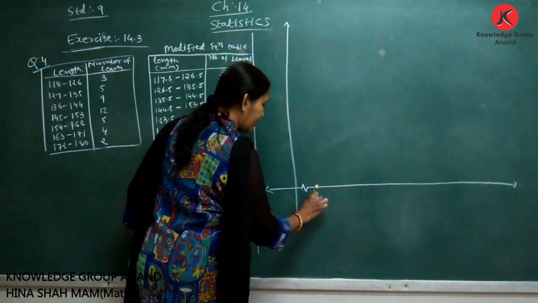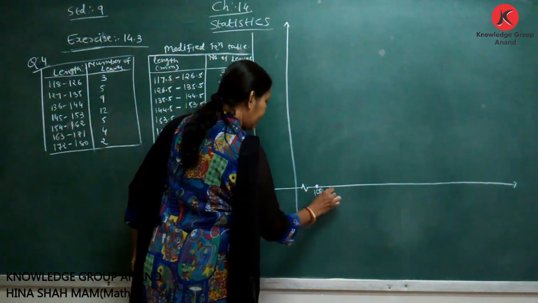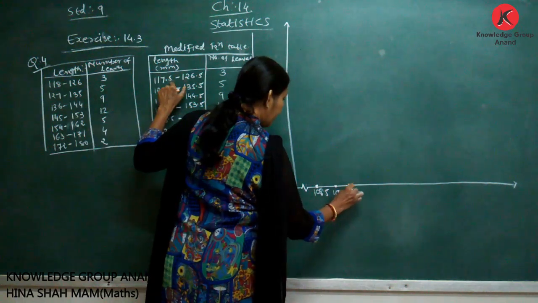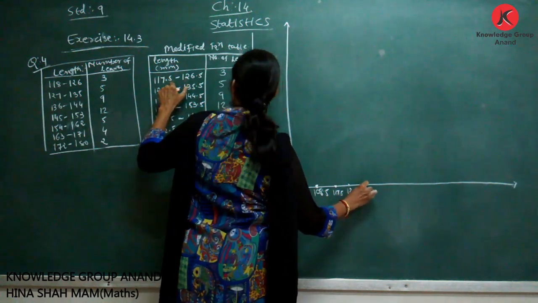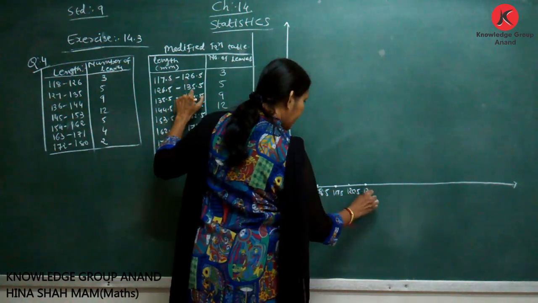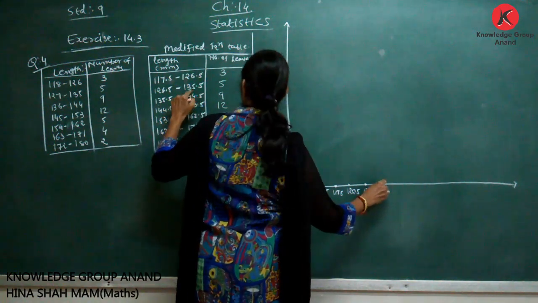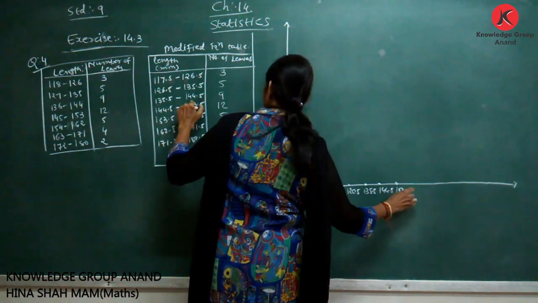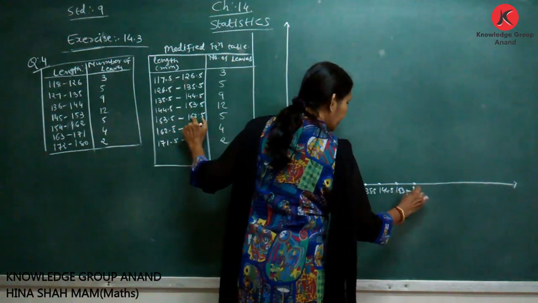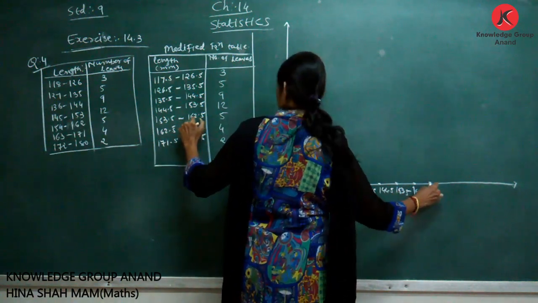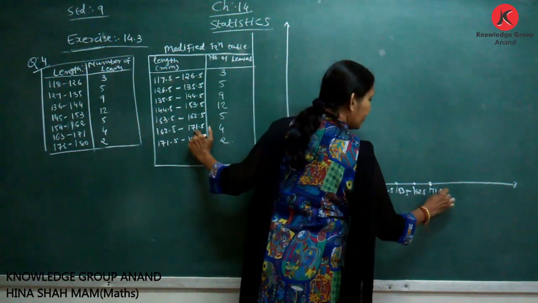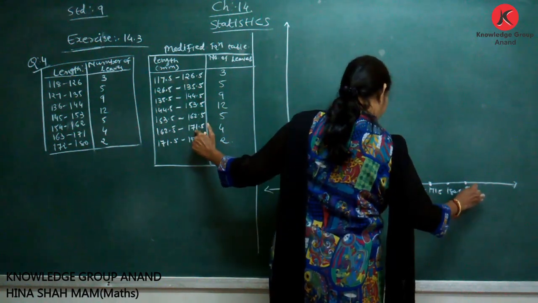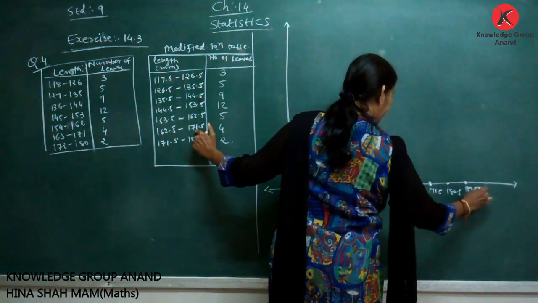Then we write here 108.5, 117.5, 126.5, 135.5, 144.5, 153.5, 162.5, 171.5, 180.5 and 189.5.